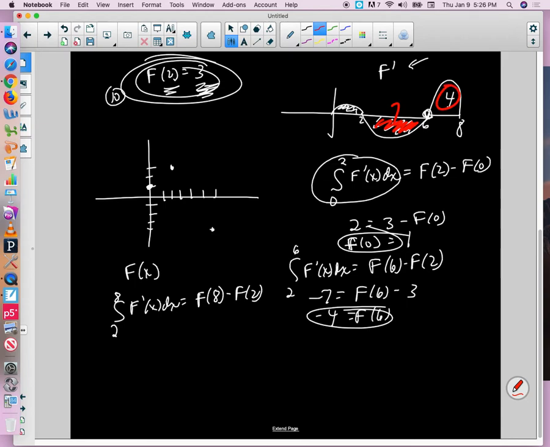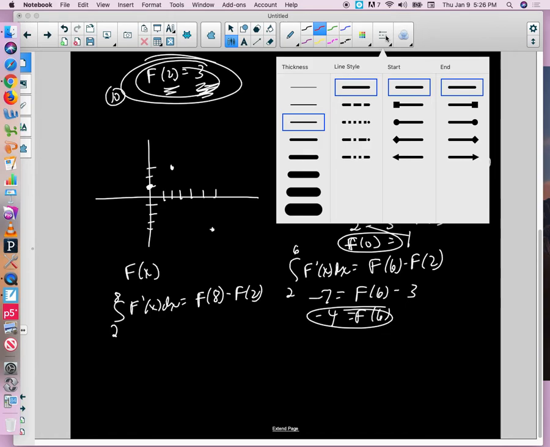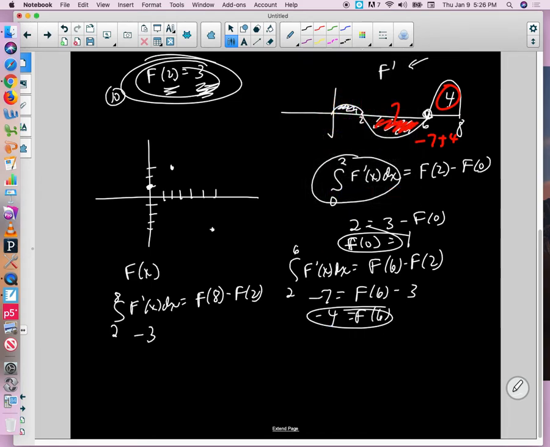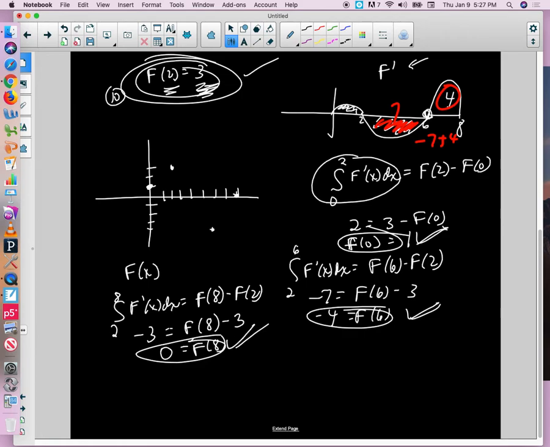And so if I keep a running total, it's negative 7 plus 4, or negative 3, equals f of 8 minus f of 2, which is 3. So f of 8 equals 0. So I have 1, 2, 3, 4 points. F of 8 is 0. All right, which is what I think you have. They found 1, they found negative 4, and they also found 0 is all you saw, but you couldn't really check your graph. Now I'm also going to merge that with a first derivative chart.